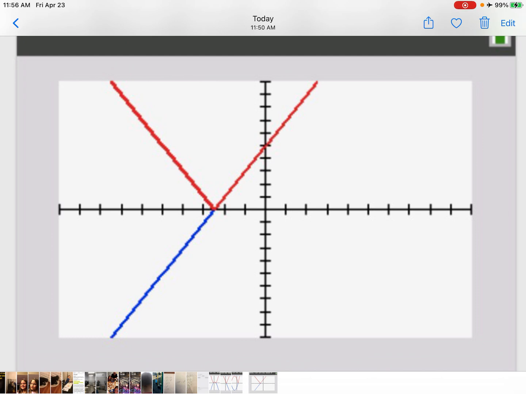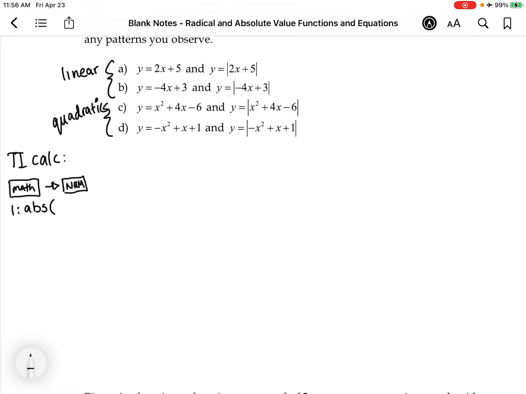So what we're going to do is draw a little picture of that. It looks like the y-intercept is 5 and the x-intercept is negative 2.5. So I'm going to draw a sketch of that in our notes. Okay, so this is A, and it looks like this. Here's 5, here's negative 2.5, and this was the first graph.